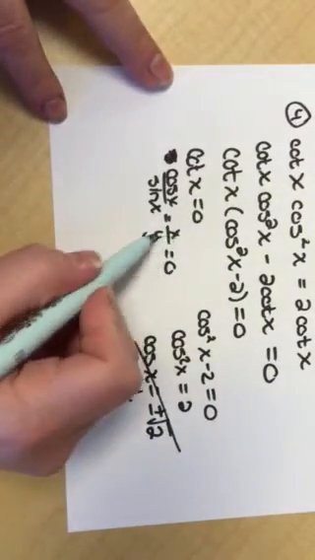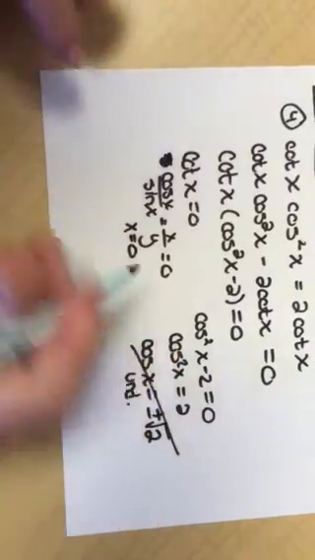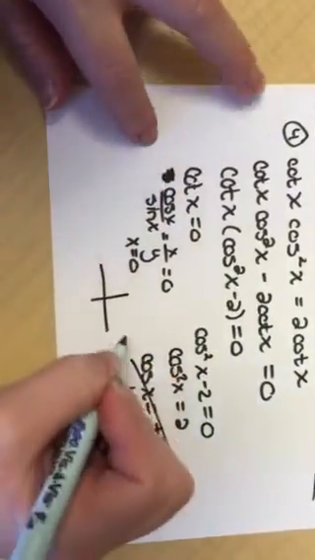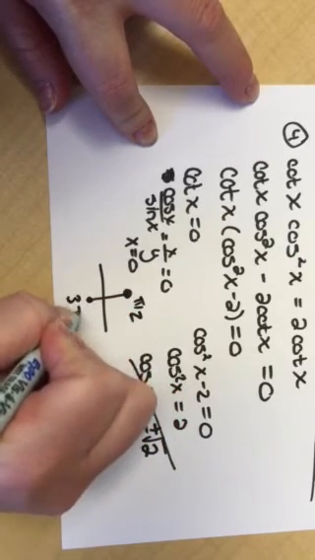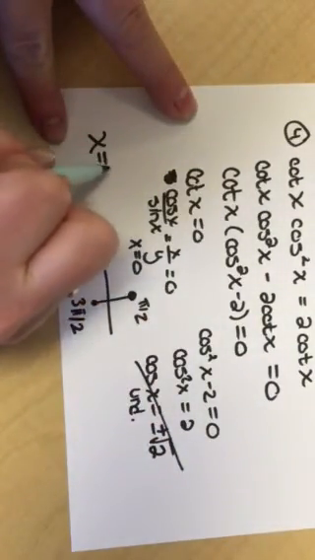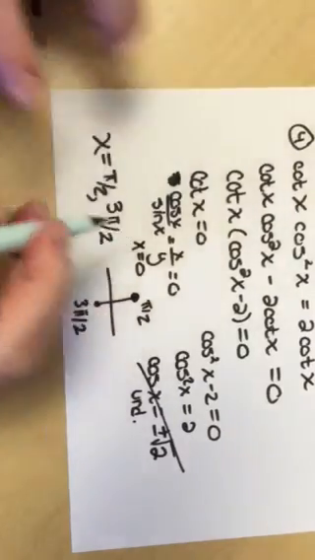So for us to get this fraction, x over y, to equal 0, x has to equal 0. So really what we're asking is where cosine equals 0. Well, cosine in the unit circle equals 0 up here at pi over 2 and down here at 3 pi over 2. And again, we had a restriction, so those are my only answers. X equals pi over 2, comma, 3 pi over 2.